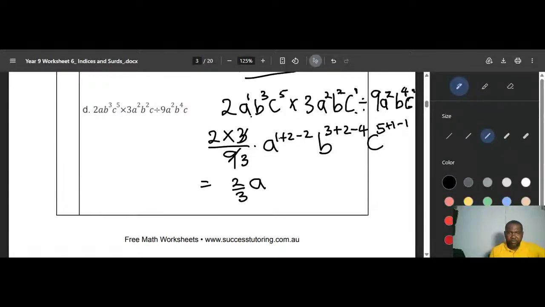A raised to power 1 plus 2 minus 2 is 1. 3 plus 2 minus 4 is 1. So just B. This is 5 plus 1 minus 1. That's C raised to power 5. And most of you got the answer correctly. That's amazing. Gina, I'm sure you've seen your mistake now. You added, you didn't subtract for division. Yeah, Brian, you got it. Gina, can you see your mistake?